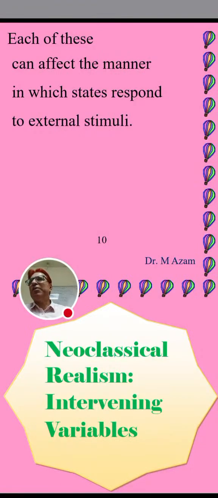There are external stimuli, there are external pressures or external favors to a state, external demands or external offers. And how does a state respond to those external stimuli? These models also explain. Each of these interactions can affect the manner in which states respond to external stimuli.